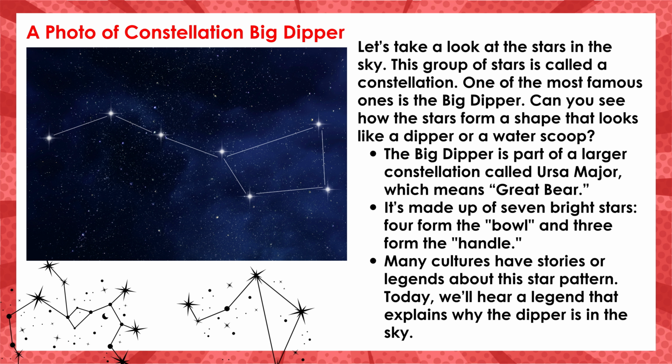The Big Dipper is part of a bigger constellation called Ursa Major, which means Great Bear. It's made up of 7 bright stars, 4 that form the bowl, and 3 that make the handle. Many cultures around the world have stories or legends about this star pattern. Today, we'll hear a legend that explains why the Dipper is in the sky.